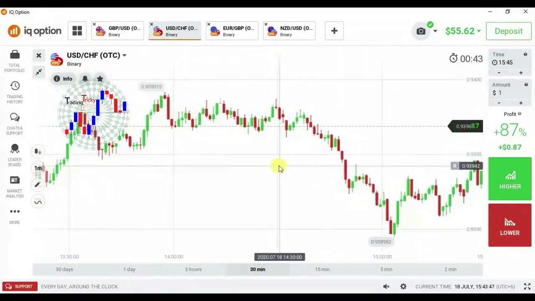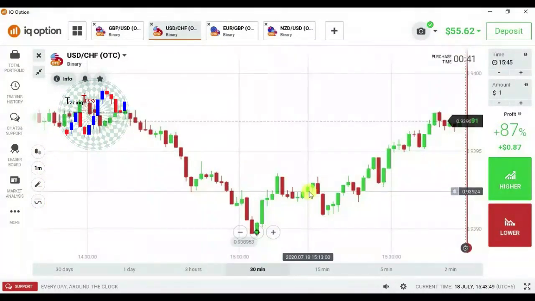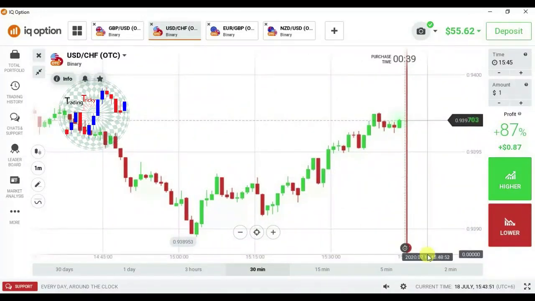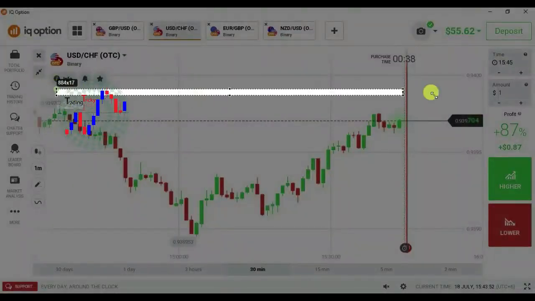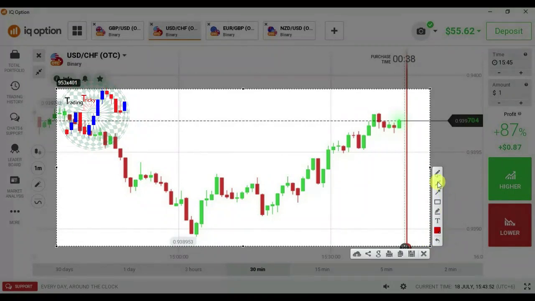Okay, let's check here or here. Let's see in the current market. This is a resistance level, support, resistance, support, resistance, then support, resistance, support, resistance, got support, resistance, then support.